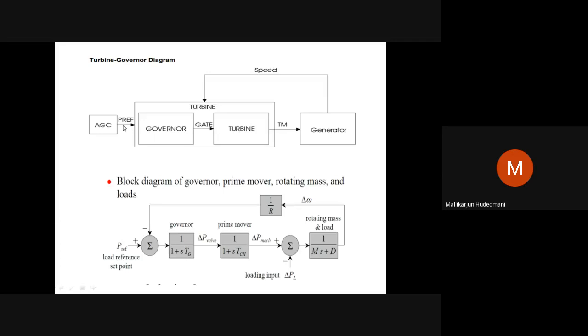Now, what is this P reference set point? The P reference set point is an authority that fixes the set point for the governor so that the governor functions from minimum to P reference. This P reference set point is done by an automatic generation controller, AGC, which will limit this, mark and seal it. Within that band, the governor will function.